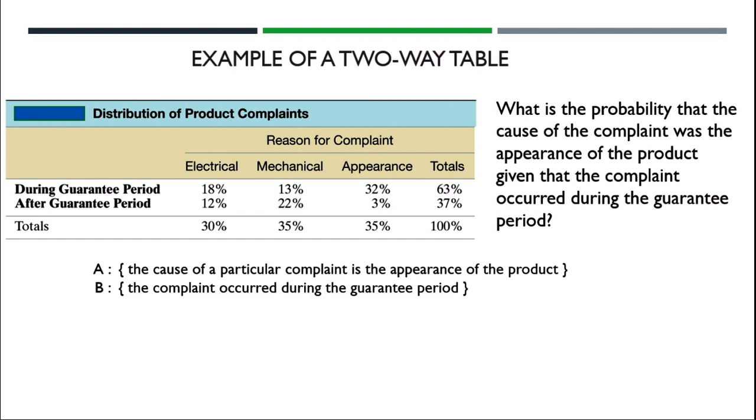Let A represent the event that the cause of a particular complaint is the appearance of the product, and let B represent the event that the complaint occurred during the guarantee period.